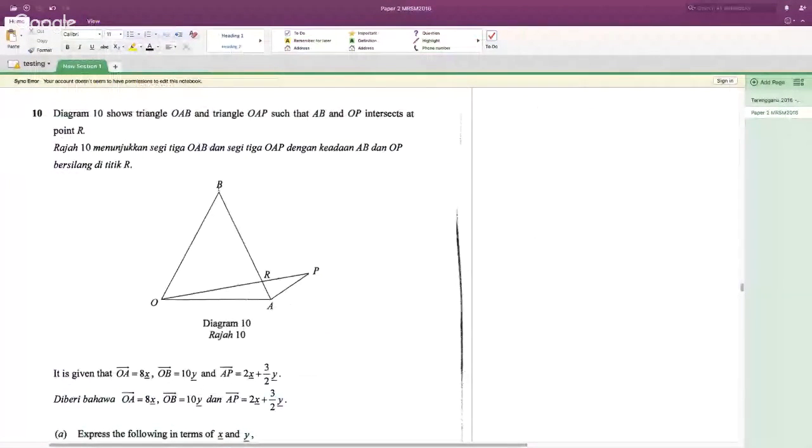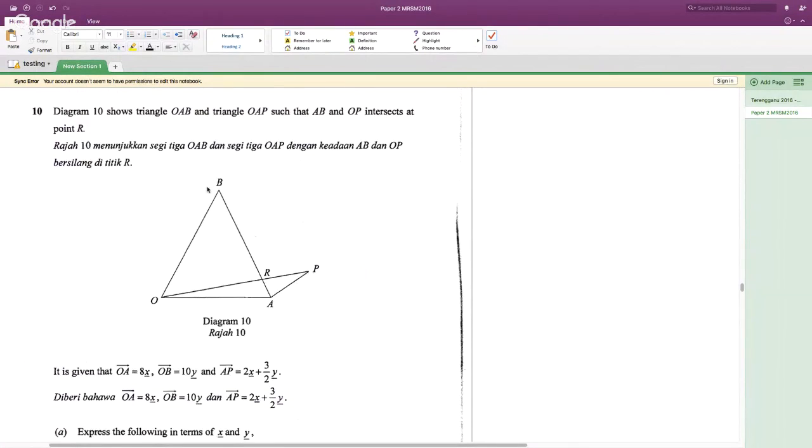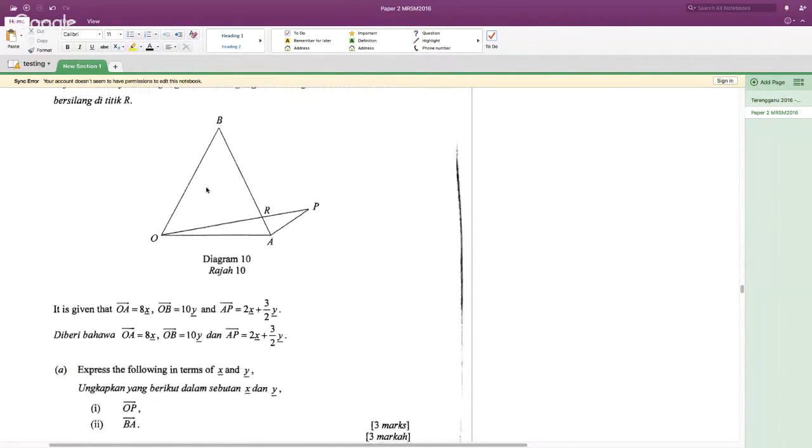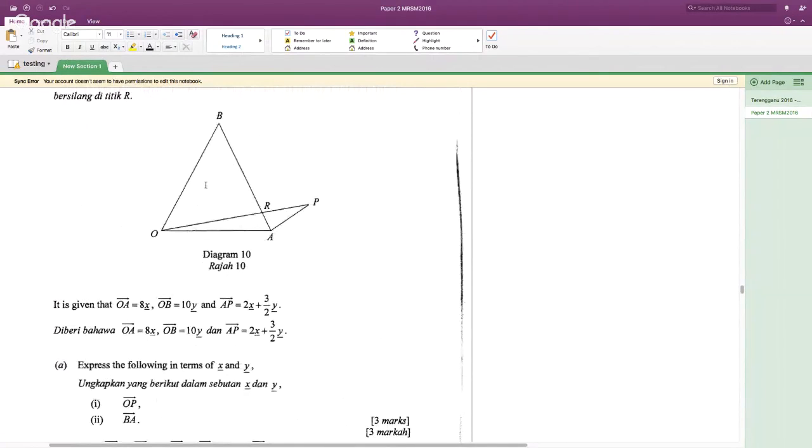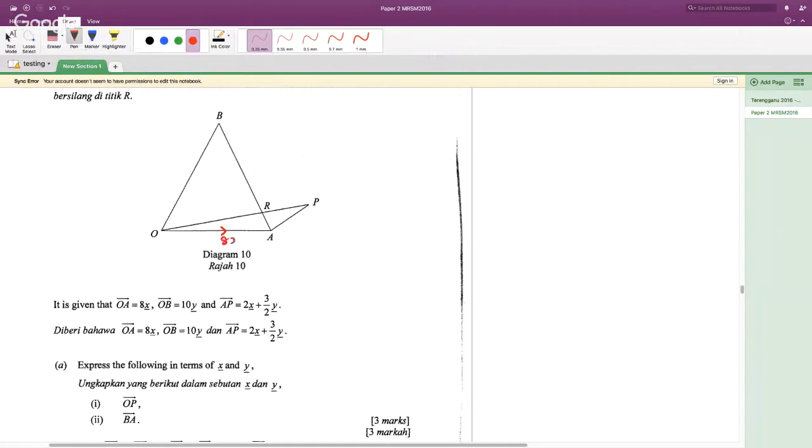Okay, diagram for question 10 shows the triangle OAB and the triangle OAP such that AB and OP intersect at point R, exactly like the diagram says. So the first sentence says nothing. O to A is 8x, and O to B is 10y.